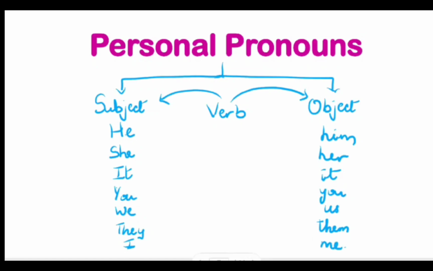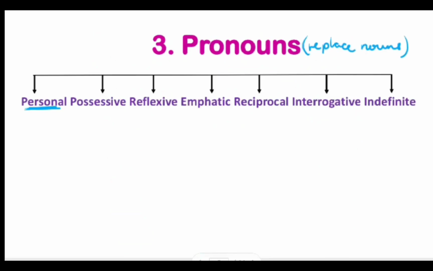So, do you understand, children? Both of them are personal pronouns. However, one is in the subject form and the other is in the object form. So, let's add on these words over here.